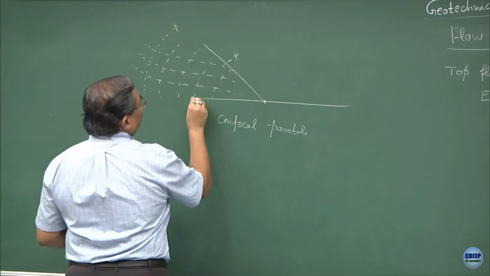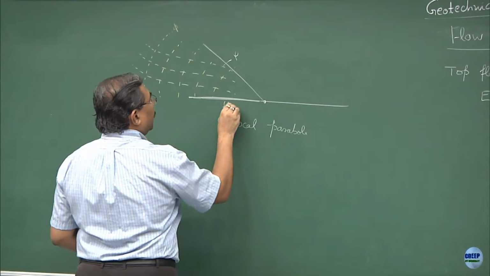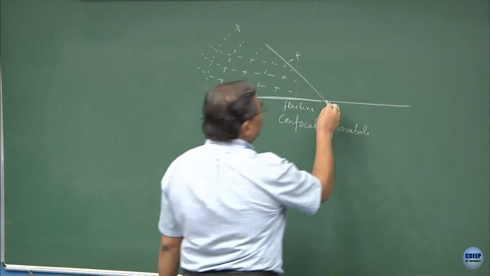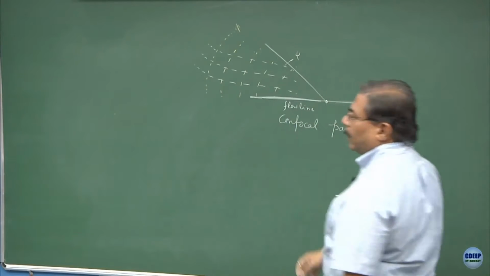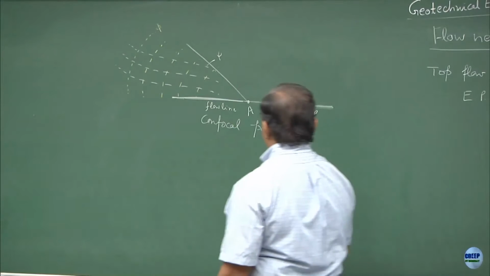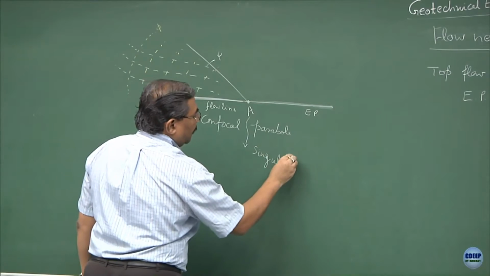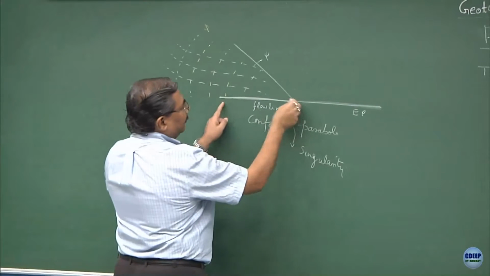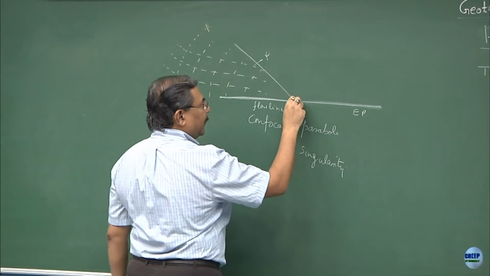Now, this is what is going to be the bottom flow line, and this, if this is connected to the atmosphere, this is going to be the equipotential line. So, at point A I have the singularity, that means on the left hand side I have the flow line, on right hand side I have the equipotential line, and hence point A becomes singular.